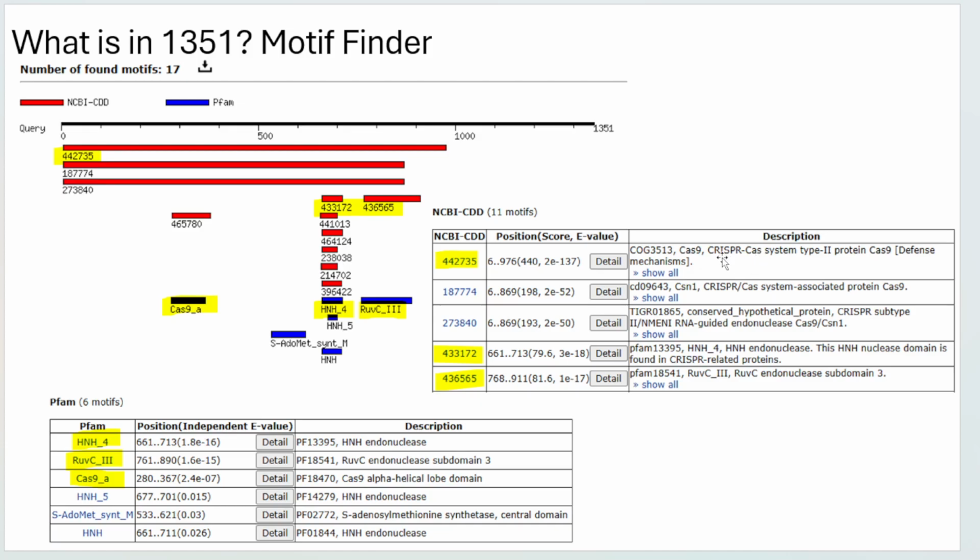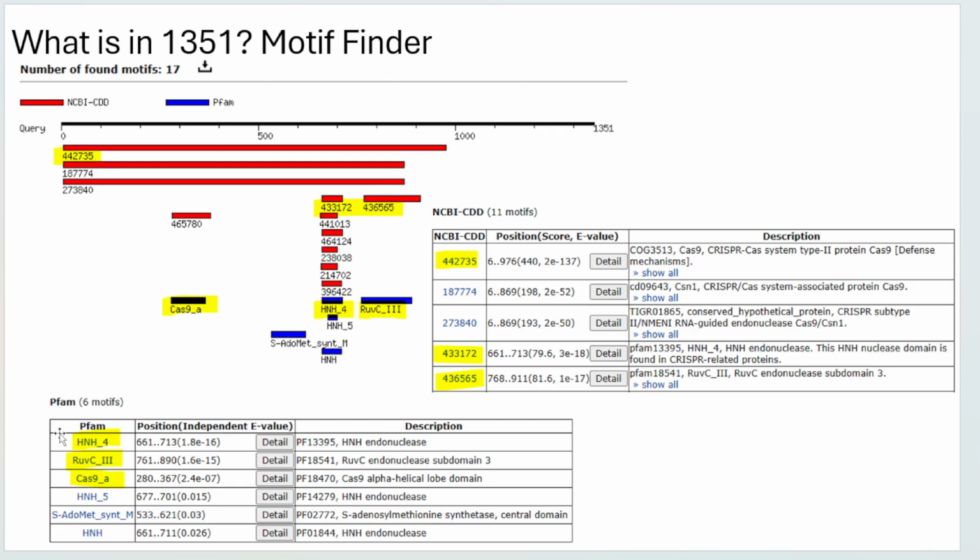Lo and behold, what did we expect? 433172 down here, H&H endonuclease, 436565 RuvC. Great. So within this Cas system, there is an H&H there, and there is a RuvC. It's only captured maybe a chunk of the RuvC. Once again, RuvC is broken up into 3 chunks, which sequentially are separate from each other.